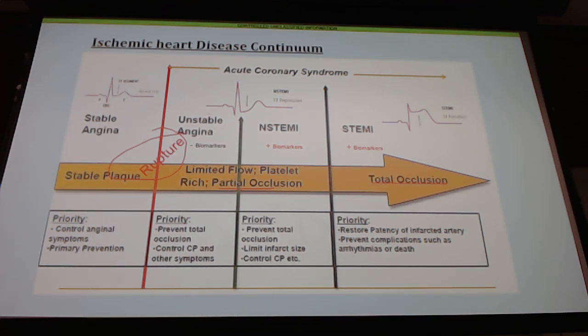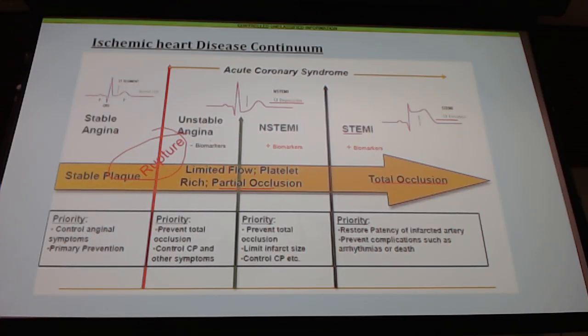When I start to see the non-ST elevation ACS syndromes, so unstable angina and NSTEMI, you start to get that ST depression, T wave inversions on your EKG. So that helps you differentiate that from a STEMI, where you have that ST elevation.